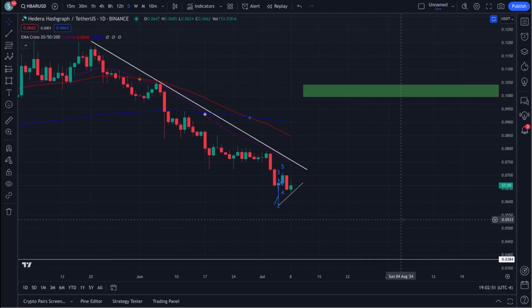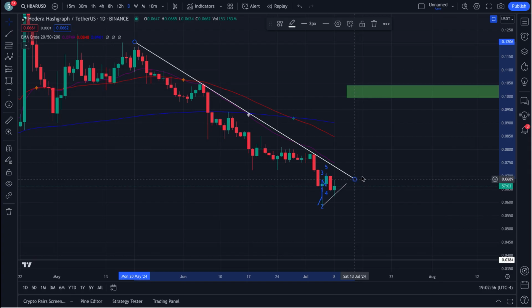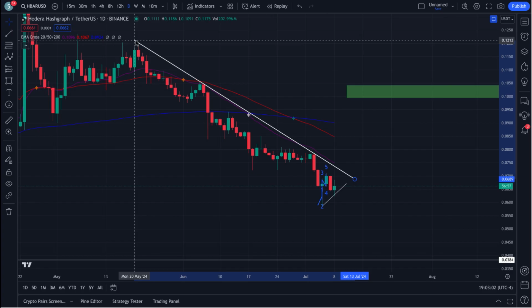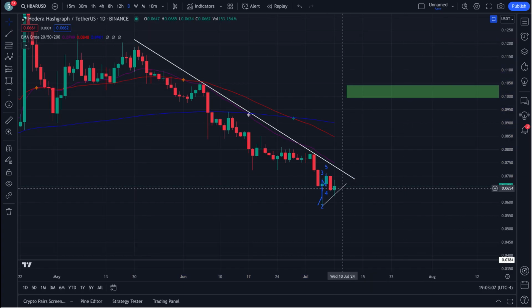I would think that we would at least be working our way back out towards that area, to see if we can break that resistance out there or not. So this could get pretty interesting. We drive back out there, and that's what I'm kind of looking at.